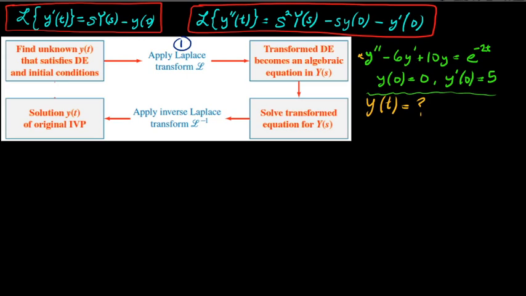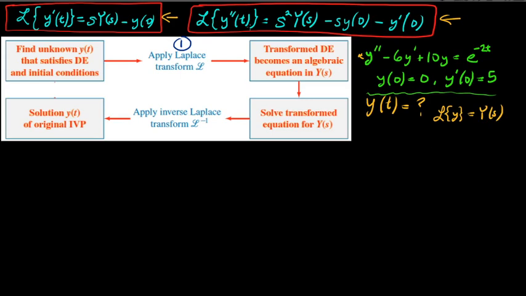So look what happens when you take the Laplace transform of the left side. You get the Laplace transform of y double prime. You get this thing here. And the Laplace transform of y prime is just this. And, well, the Laplace transform of just y, even though I didn't write it, right, is capital Y as a function of s.